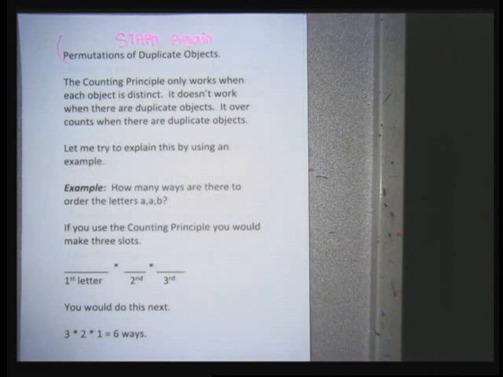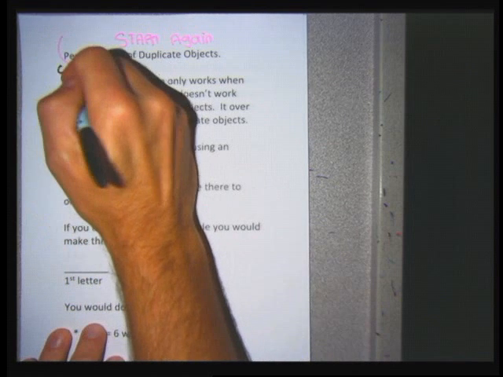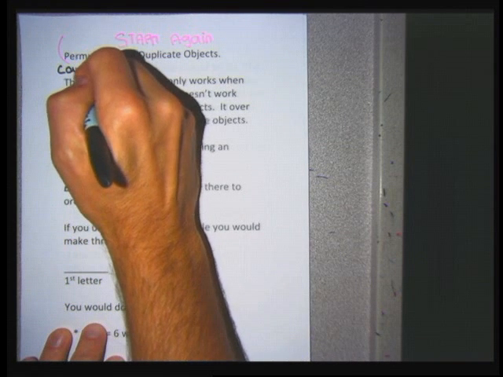Here's where we all can meet back up again, because the counting principle has one flaw. The big flaw of the counting principle is that sometimes it won't always work.